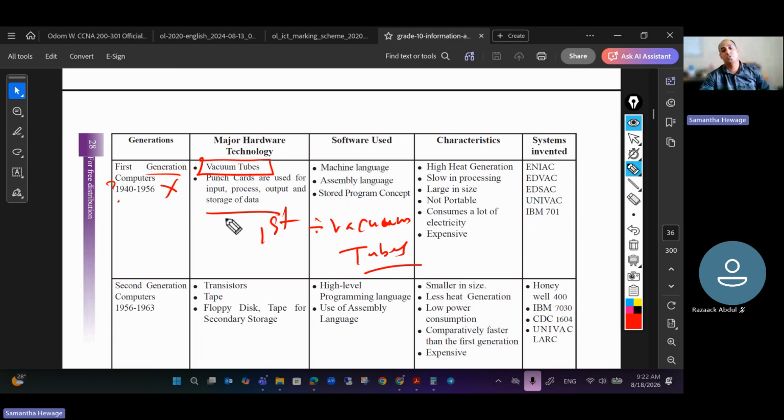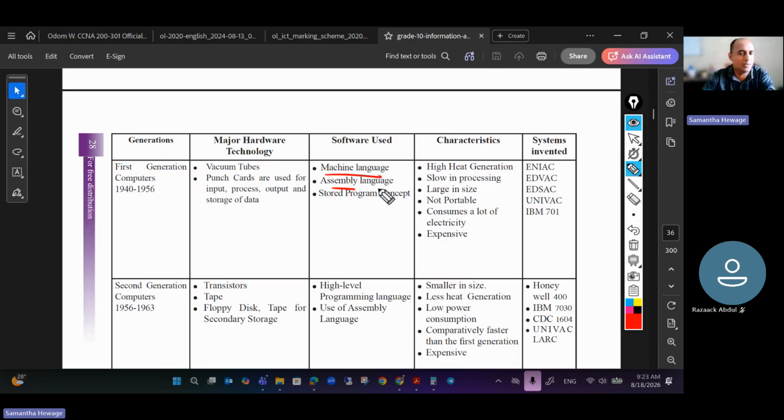Sometimes they might ask which generation the punch cards were used in, and then you should know, first generation. So these are the key points: in the first generation, two technologies, vacuum tubes and the punch card. When it comes to software technology, we know that machine language and assembly language.